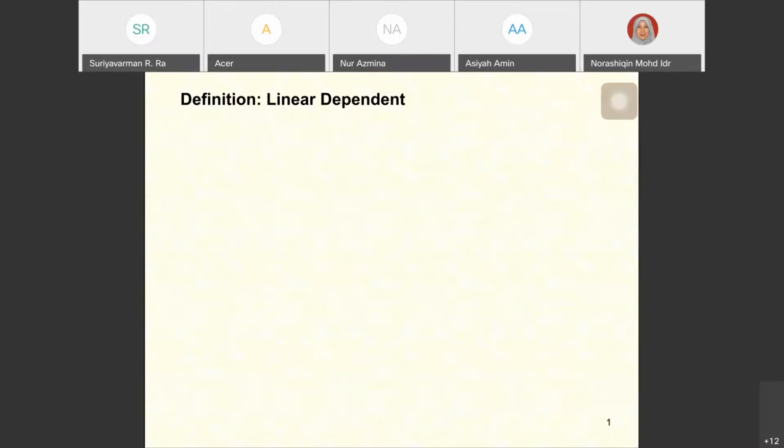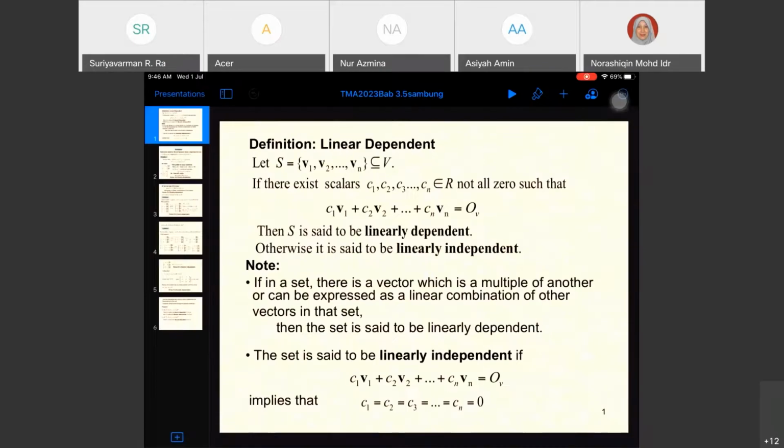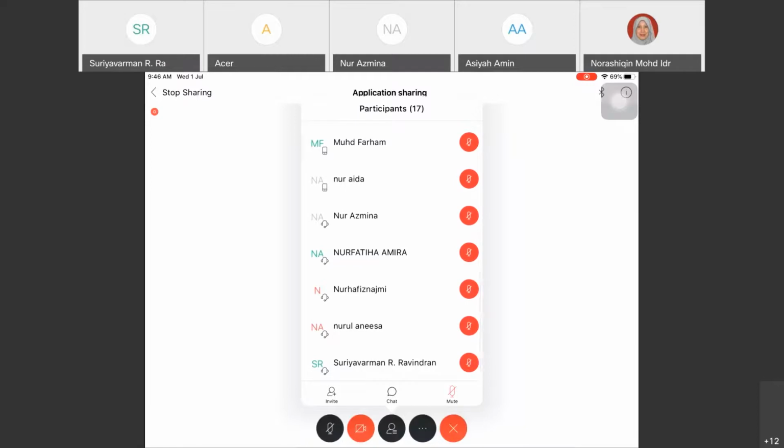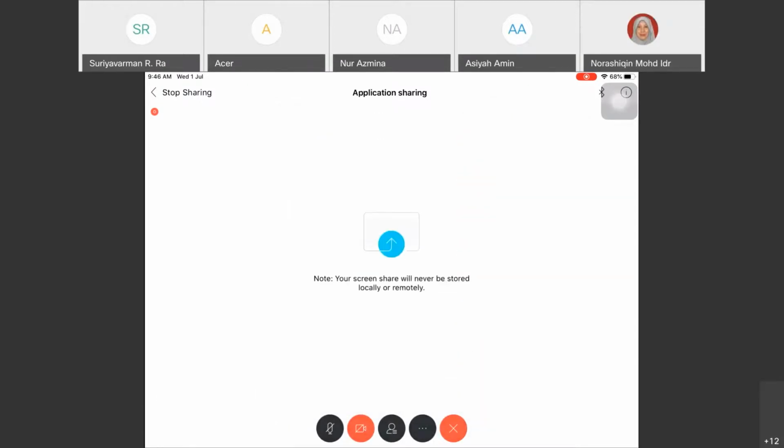So, let me point names. Nur Aida do number 4. Nurul Anisa do number 5. Say something, Aida and Anisa. Okay, doctor. Aida? Yes. Alright, good. Thank you. Not in the WhatsApp group, right?